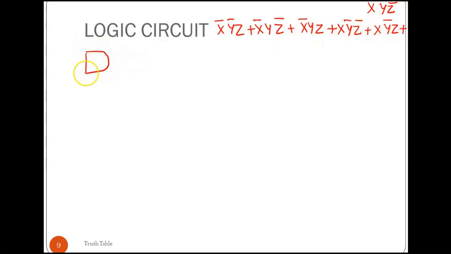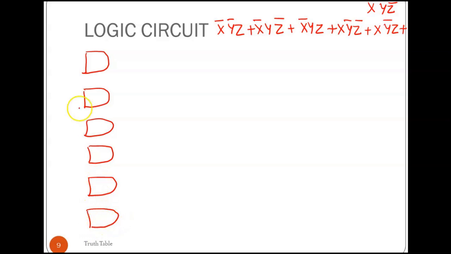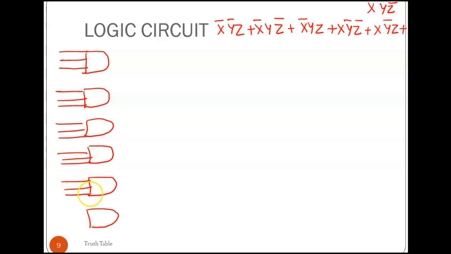So 6 AND gates: 1, 2, 3, 4, 5 and 6. Then 3 inputs each: 1, 2, 3 for each gate.